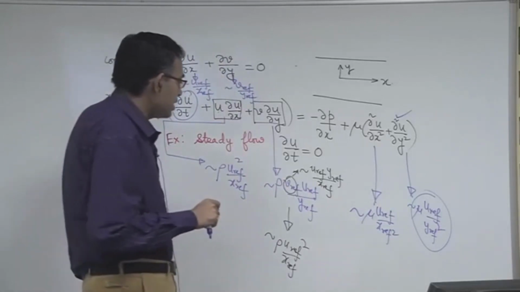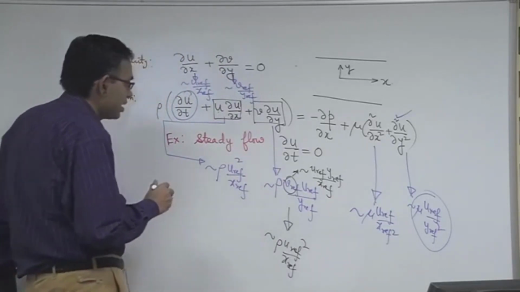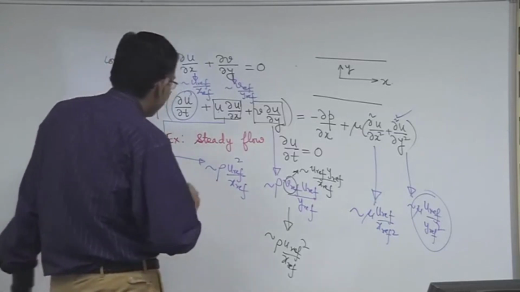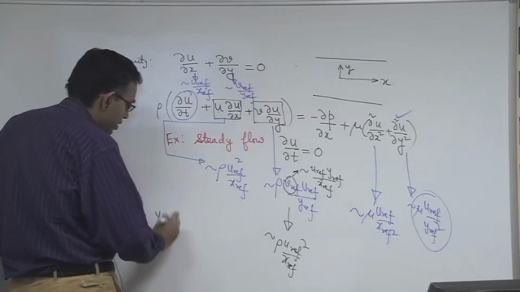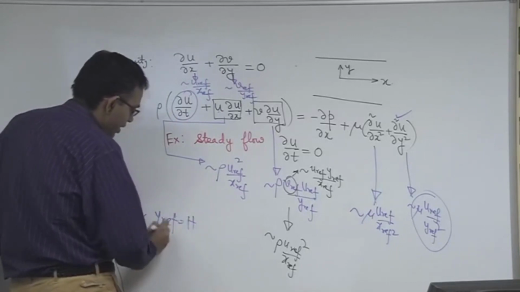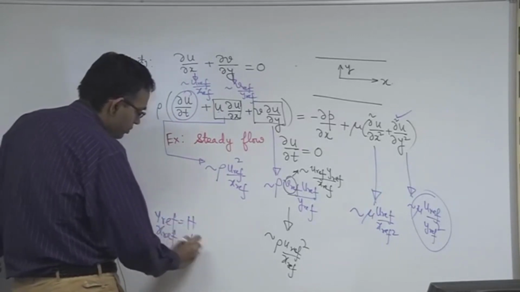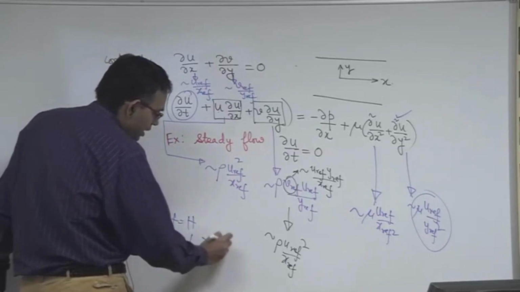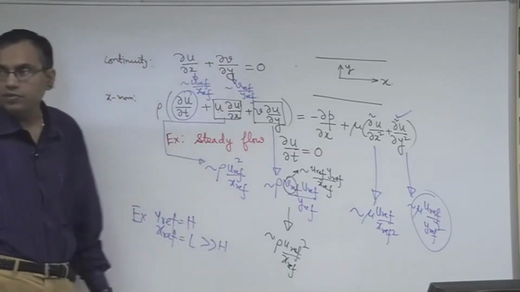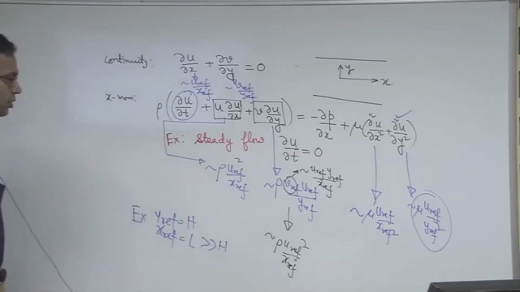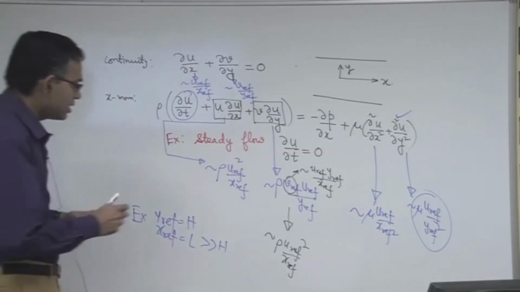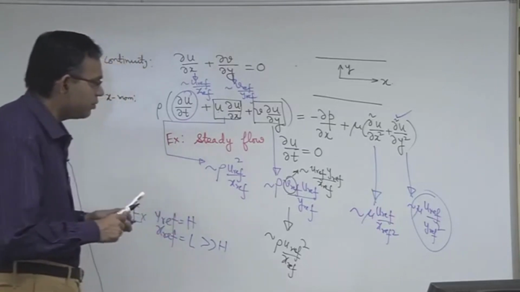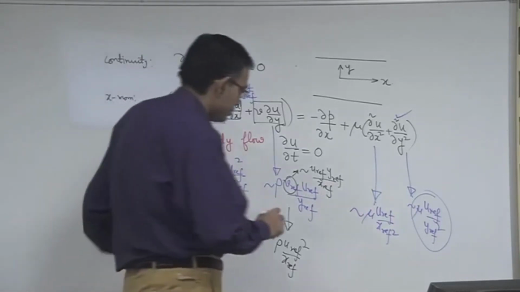So, now let us write the ratio of inertia by viscous. Let us take an example with y reference equal to h, x reference equal to L, which is much greater than h. Let us say this is an example that we take. So, let us write the ratio of inertia force by viscous force.